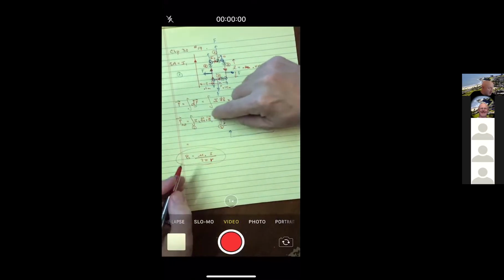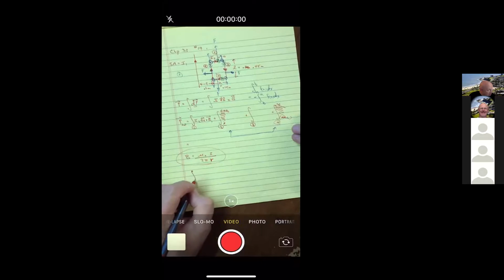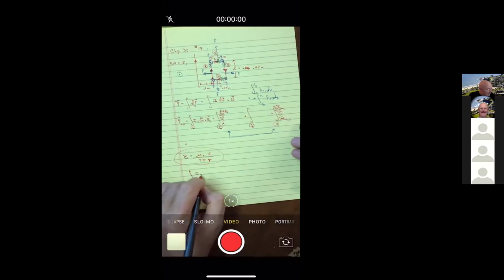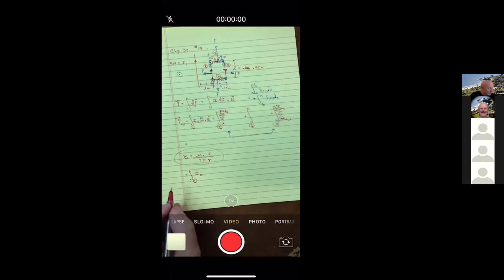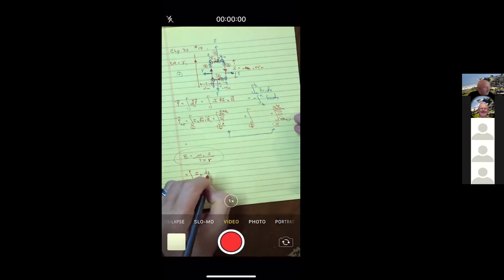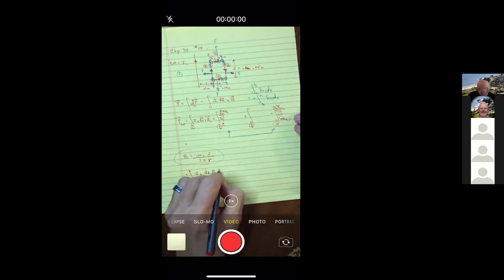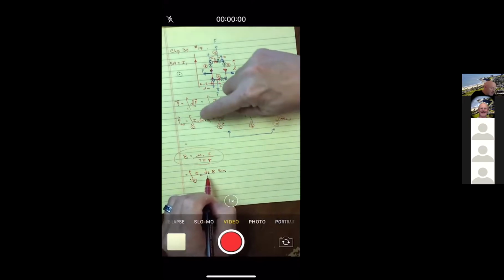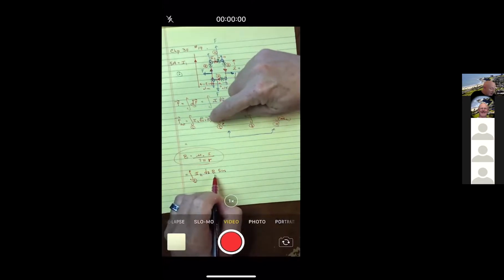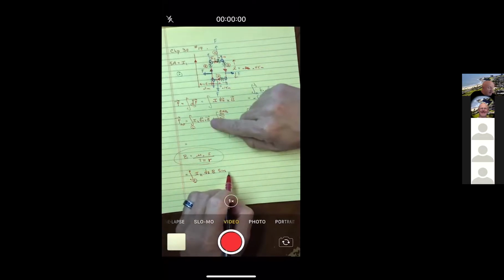But here's what makes this integral very simple to do. When I put this integral down here, here's current number 2, and I do this cross product, it would be the magnitude of the ds, the magnitude of the field, and then the sine of the angle between them.